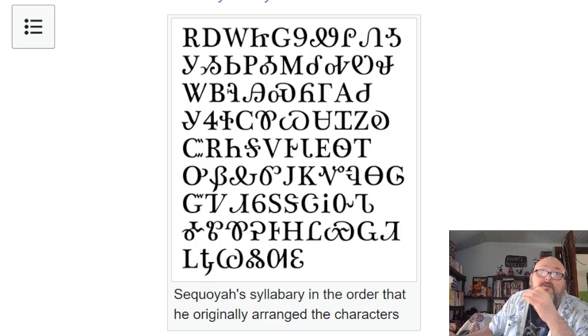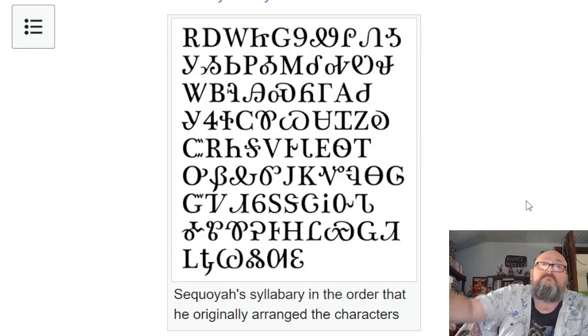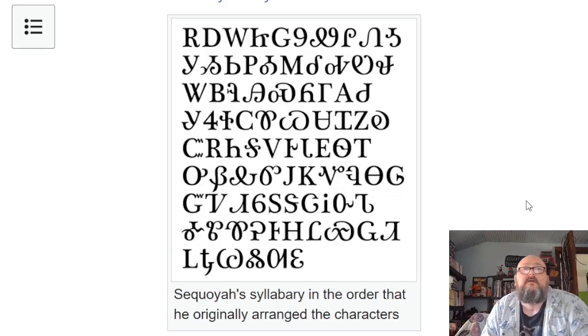Sequoyah's syllabary, in the order that he originally arranged the characters. Syllabary, I'm sorry.